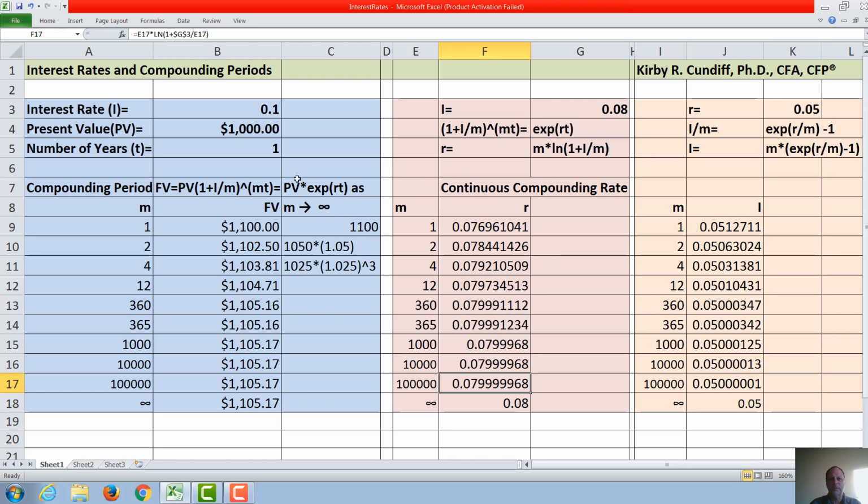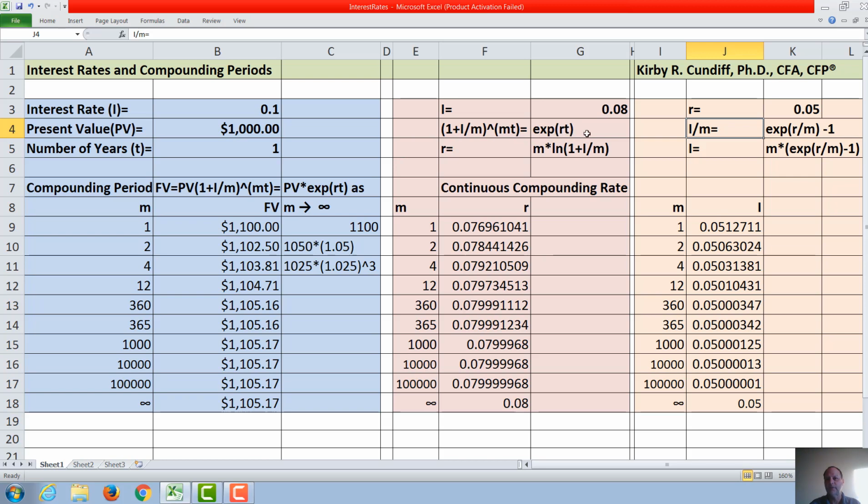So that is looking at this equation and solving for R. We can also look at this equation and instead solve for I. So we'll now use the example of R continuous compounding as 0.05, and we will now solve for I, the quantized compounding rate. So how do we do that? We again start with this equation, or we can take it on to this equation.